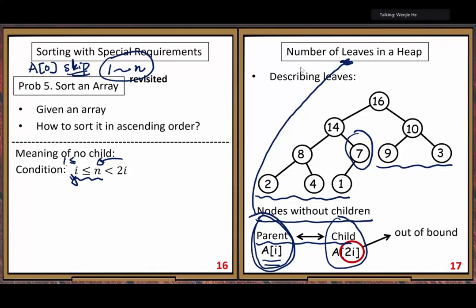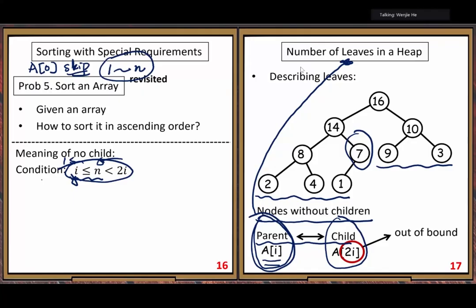How about that? This understanding. So this inequality can be used to describe all the leaf nodes.